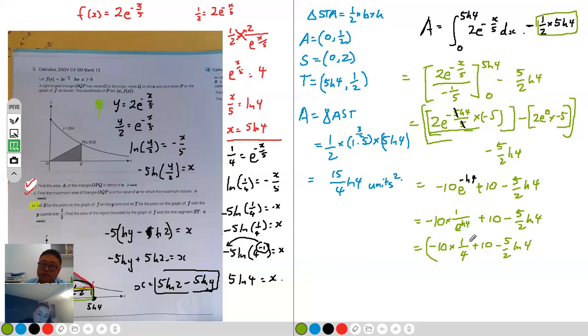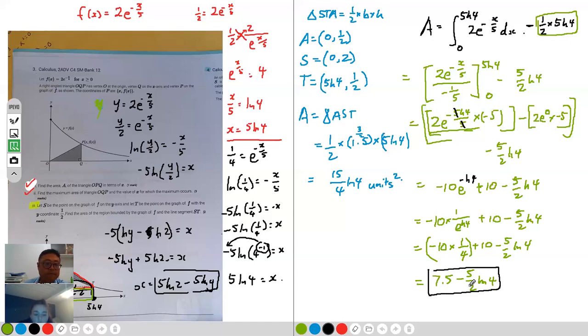So this bit is minus 2.5. 10 is 7.5. Okay, so this black bit here is the area here.